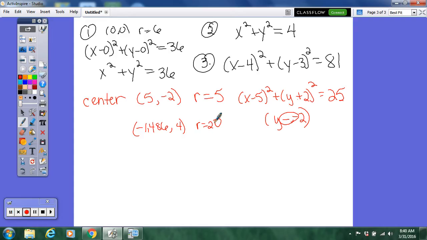Don't make it hard. Just plug in the center, square the radius.